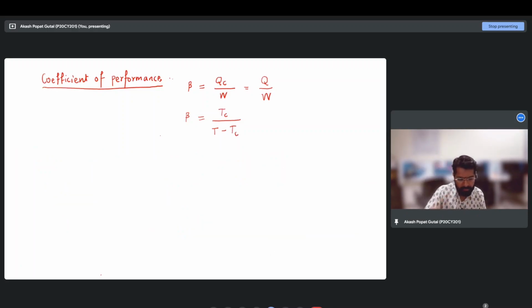Right? So this will give us these two equations, 1 and 2.